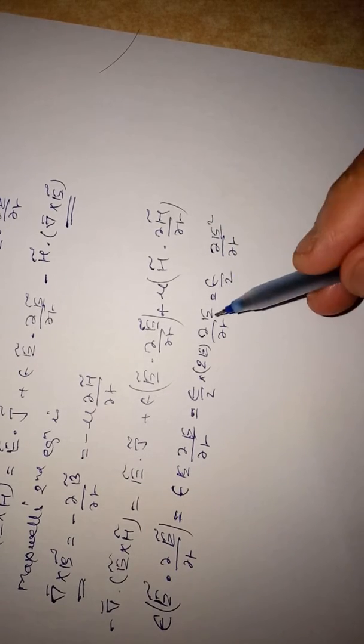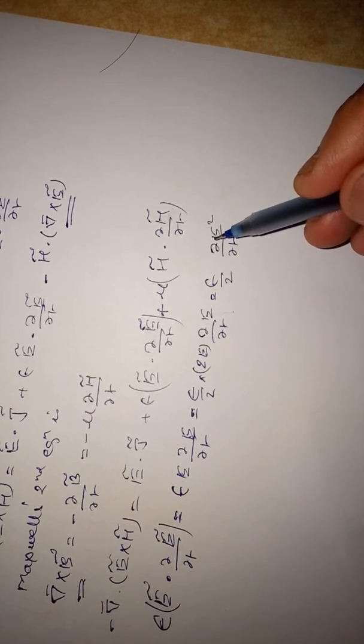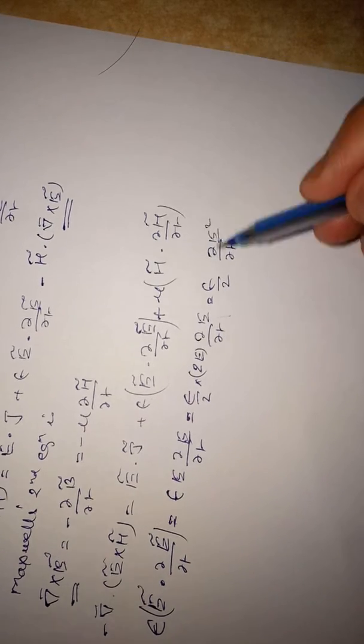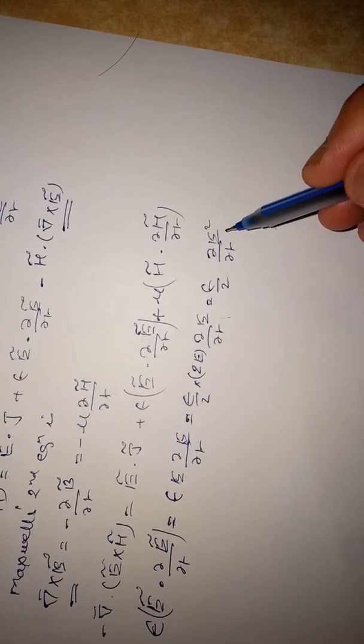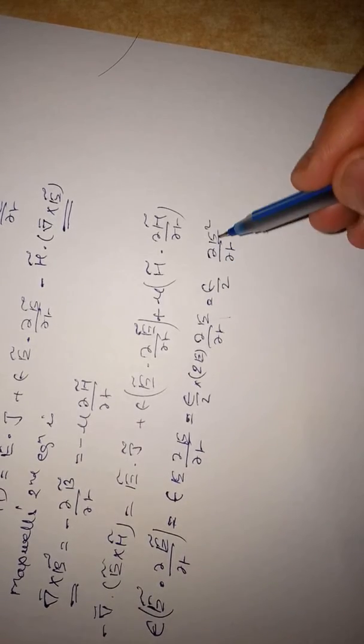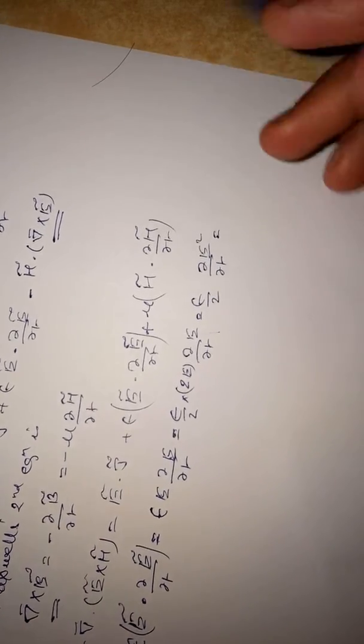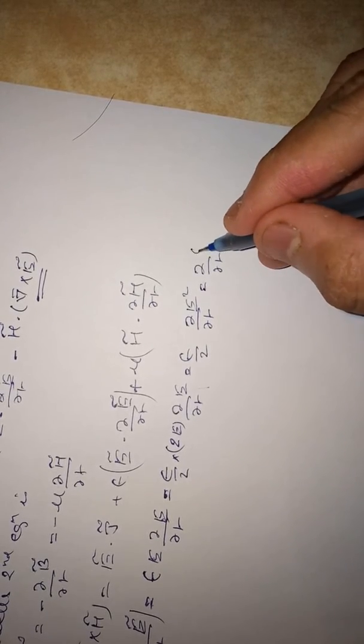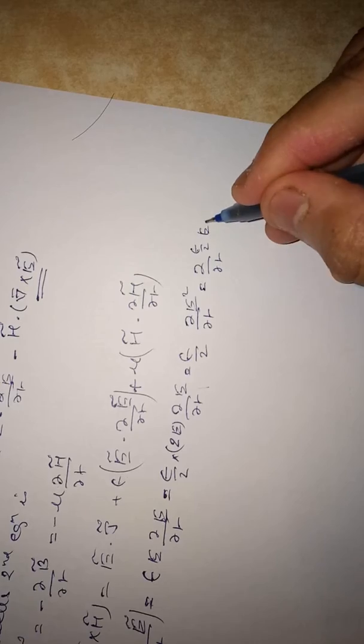So I have taken the source from this result. The derivative of A square is twice A into the derivative of A. So if I take this epsilon by 2 inside, I will get del by del T of epsilon by 2 E square.